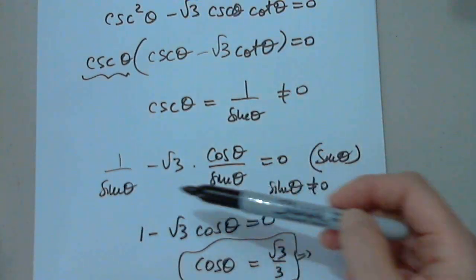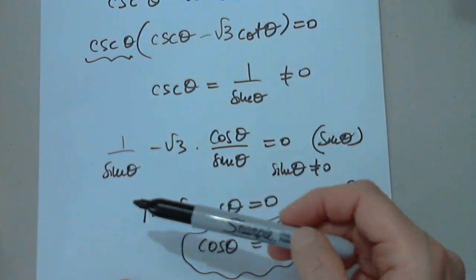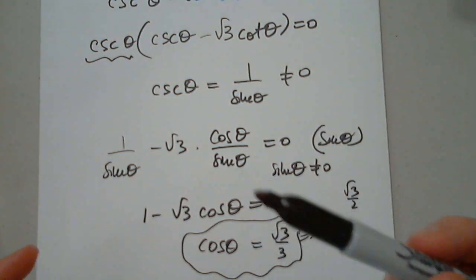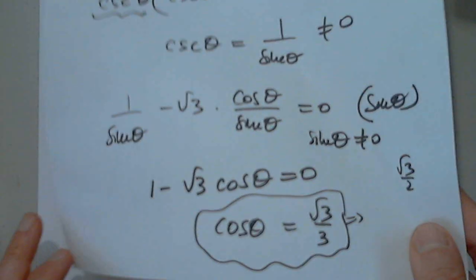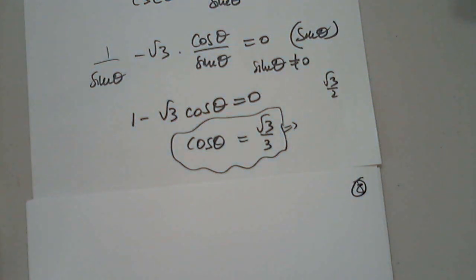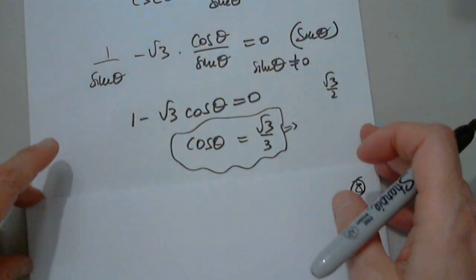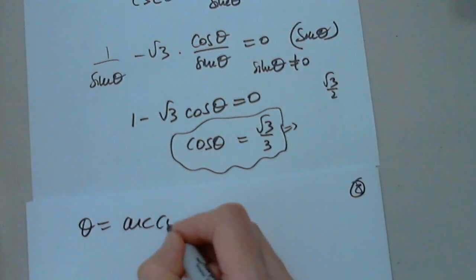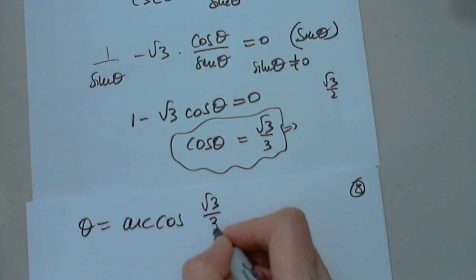Cotangent, cosine over sine. So cosine is 1 over the square root of 3 over the square root of 3 over 3. Okay, fine. So that means that I'm on page 8. Let me see what I'm on time. Yeah, that's good. Okay, so then theta equals arc cosine the square root of 3 over 3.